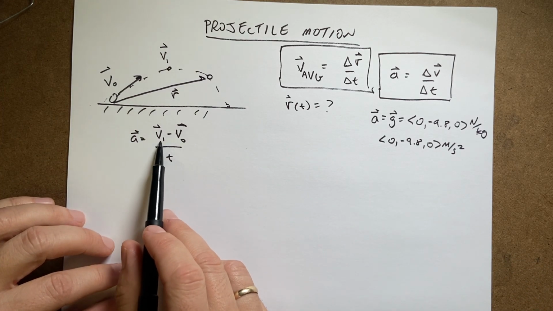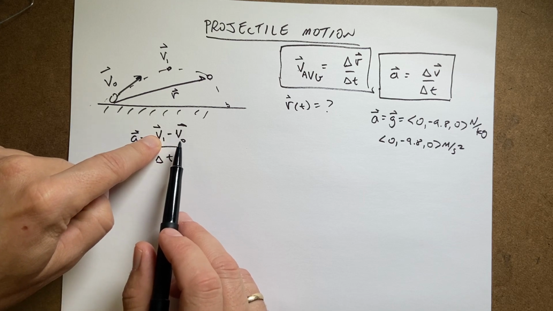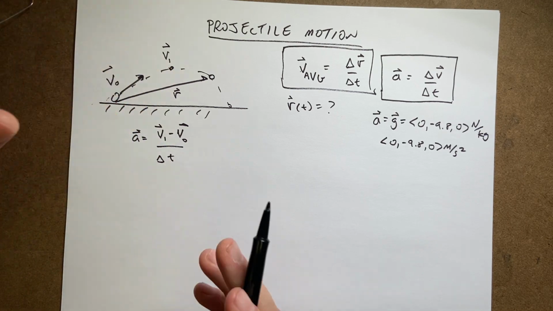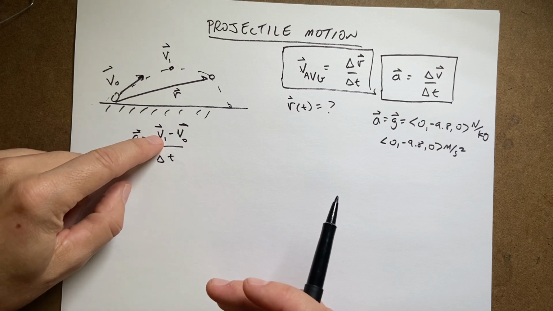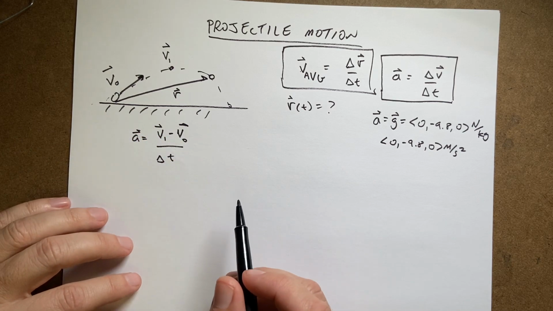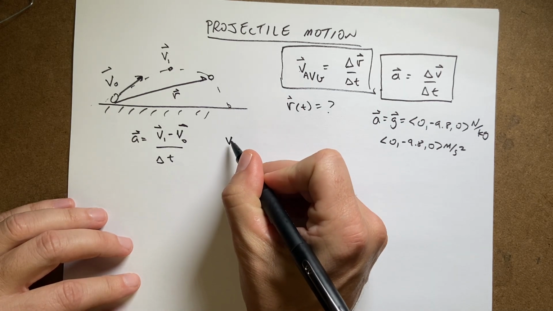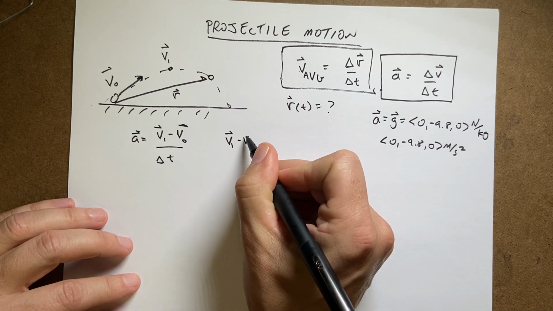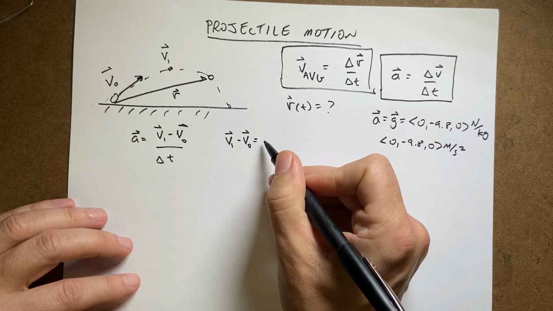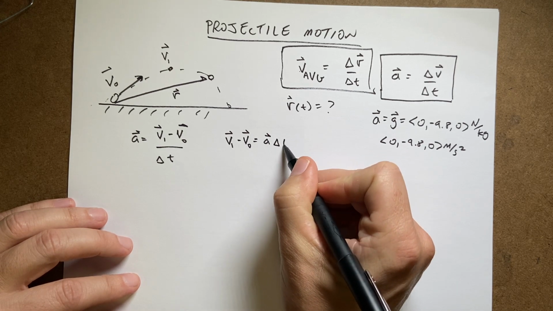Okay, so that's just the definition of change in, right? If I go from here to there, the change in velocity is the final, which is v1, minus initial, which is v0. I can multiply both sides by delta t, and I get v1 minus v0 equals a delta t.